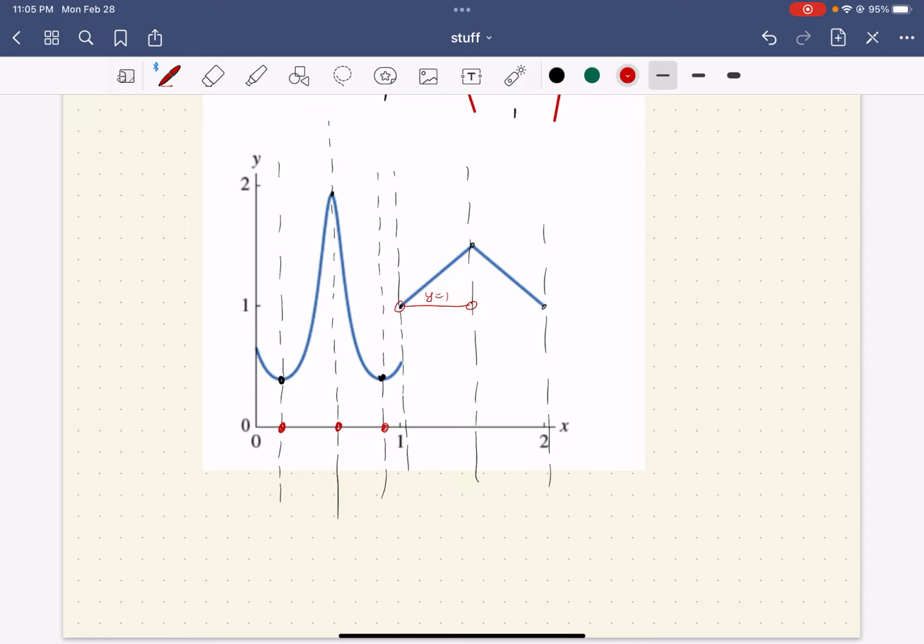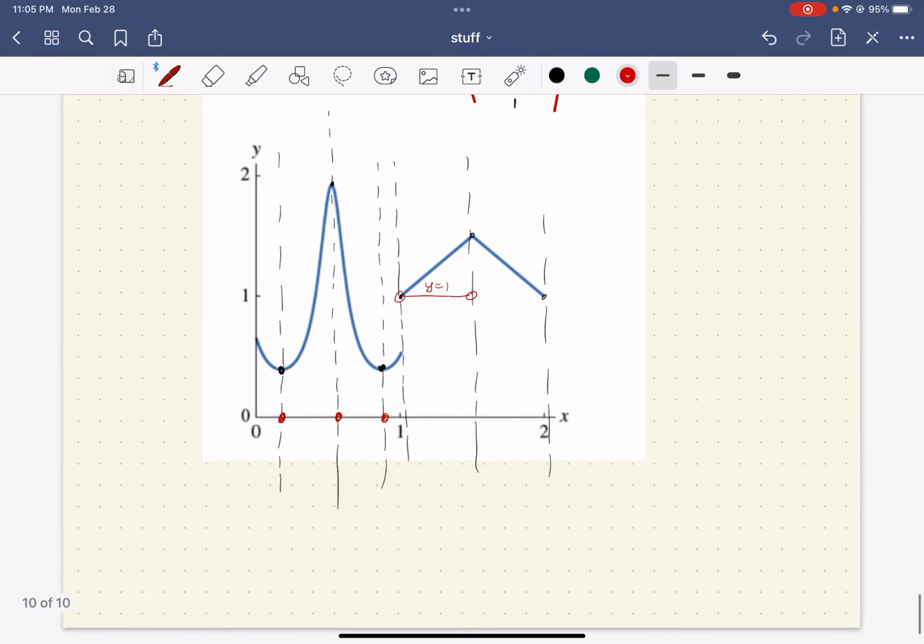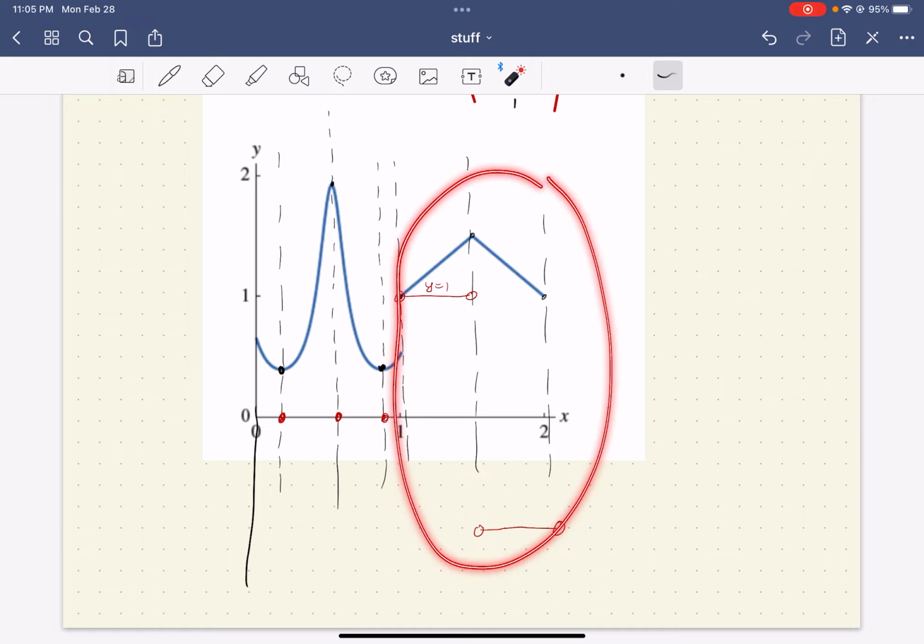But then there's a jump, and I jump down to y = -1. I really should have continued this xy plane, this graph. That pretty much takes care of this whole region.